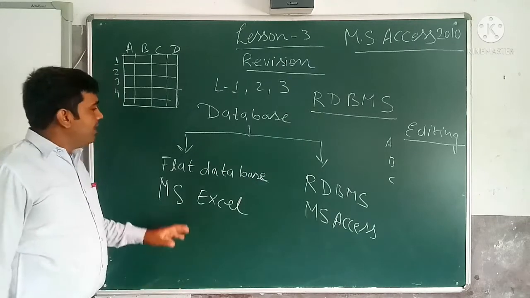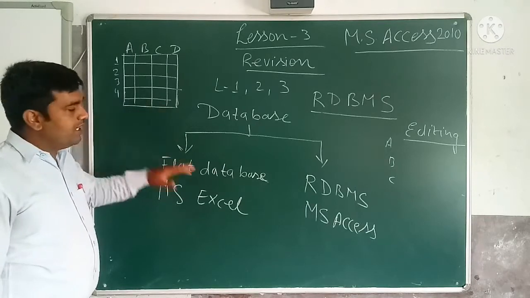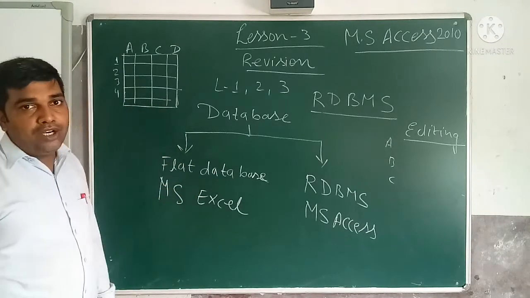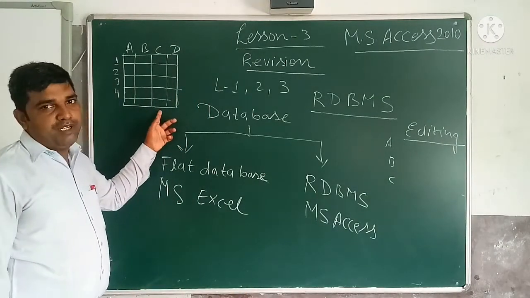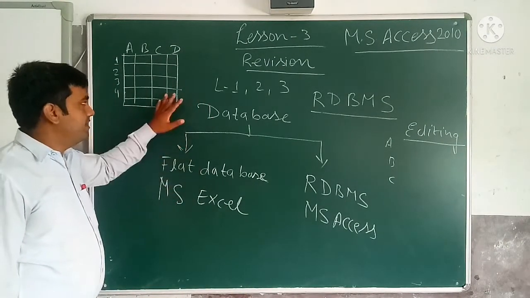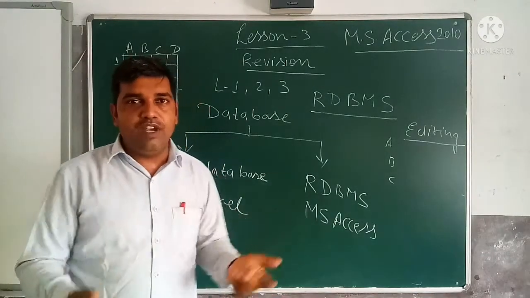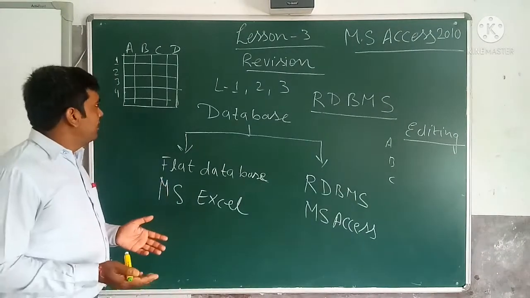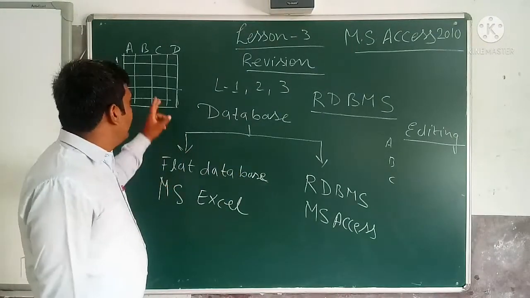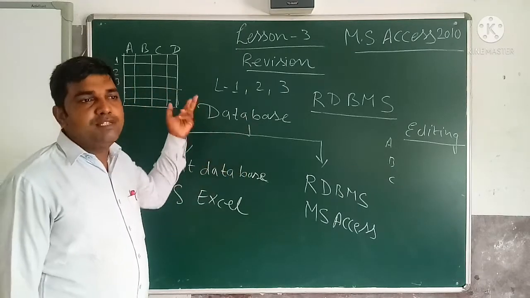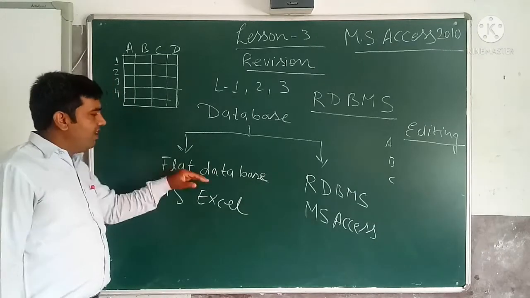Now, flat database contains many tables, many spreadsheets you can create, but you cannot establish a relationship between two tables, between two spreadsheets in the flat database. This means if you want to do a join operation, or generate a query which satisfies the given condition and extracts information according to your requirement from more than one spreadsheet, from two or three spreadsheets, it is not possible in the flat database.